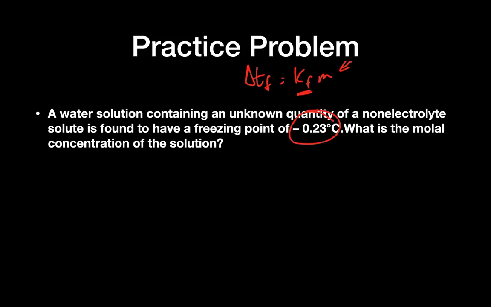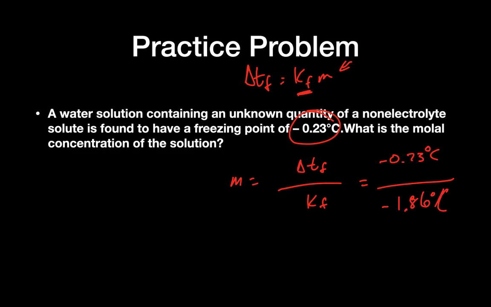So you can rearrange the equation to solve for your unknown. m equals delta TF over KF. And that's going to equal negative 0.23 degrees C over negative 1.86 degrees C per m.